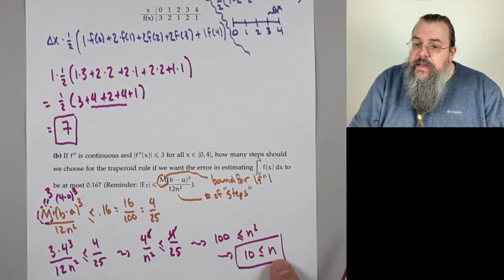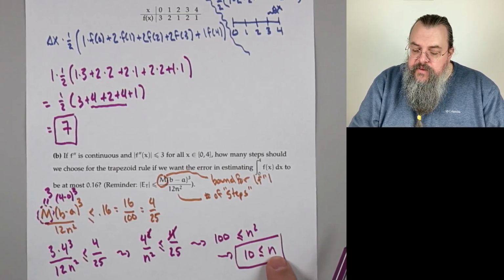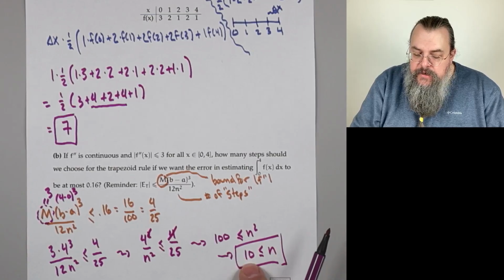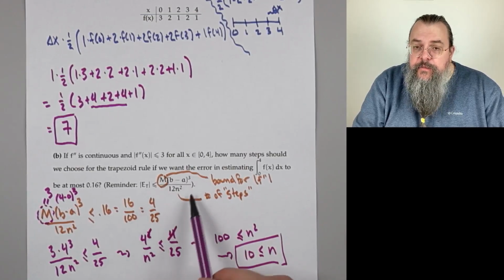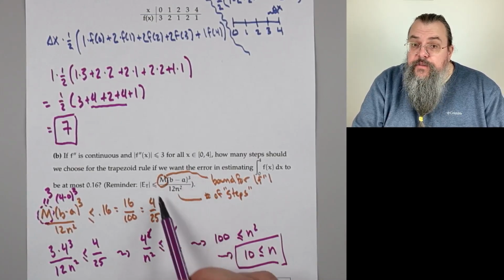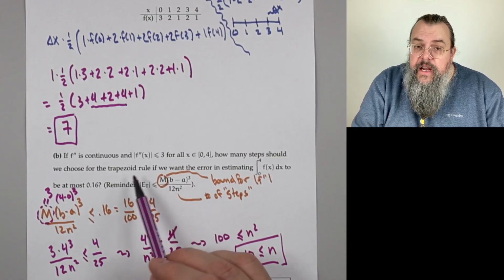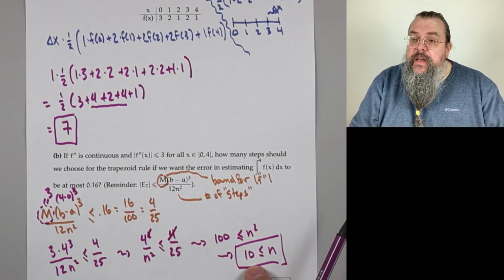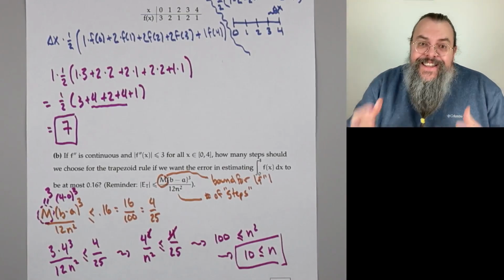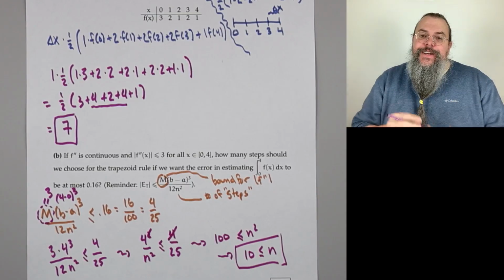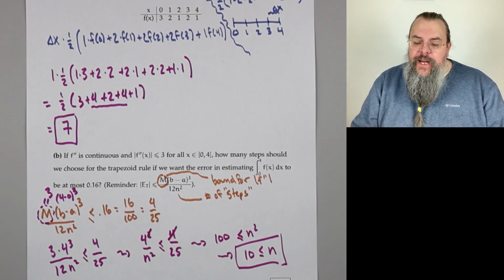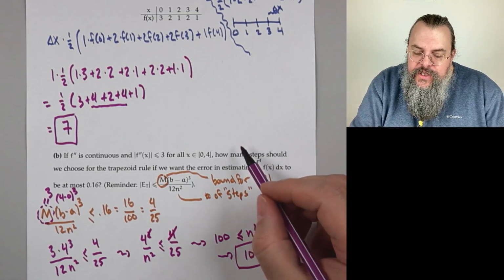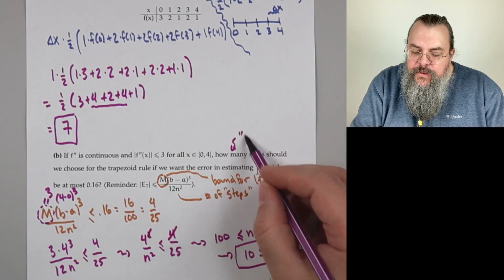What is this saying? It says that if the number of steps is at least 10, then this expression is at most 0.16, which means our error is at most 0.16. So 10 is enough. Now, could we choose 100? Yes, we could. But when it says how many steps, usually there's an implicit fewest involved.